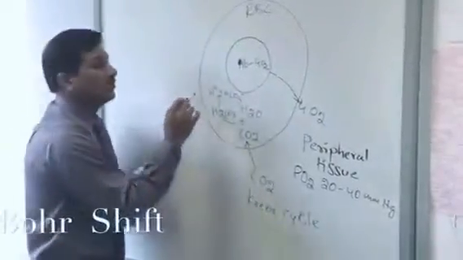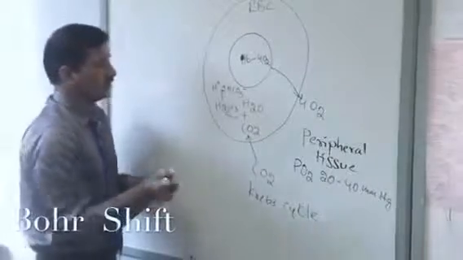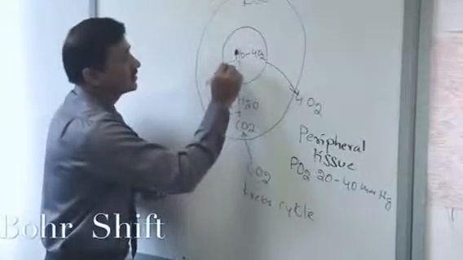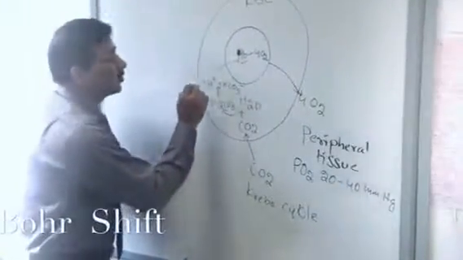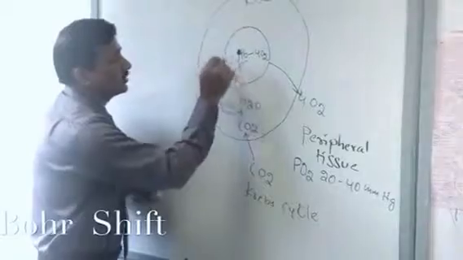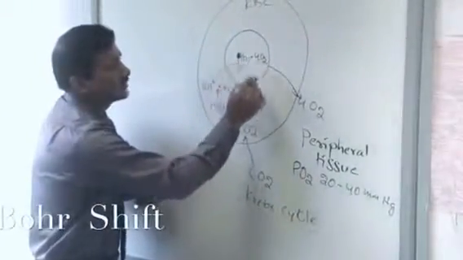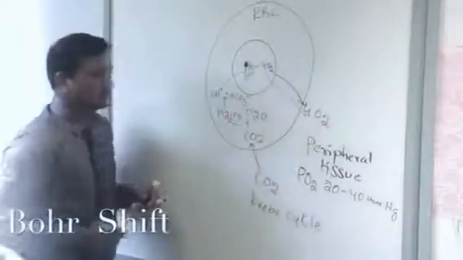These protons will go and protonate histidine residues. They will go and bind to the hemoglobin molecule. Basically, 2 protons will bind to histidine residues in hemoglobin, and that will help to release 4 oxygen molecules.